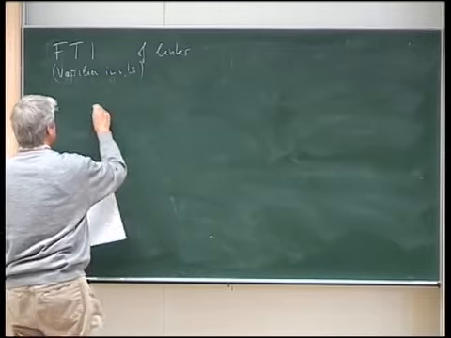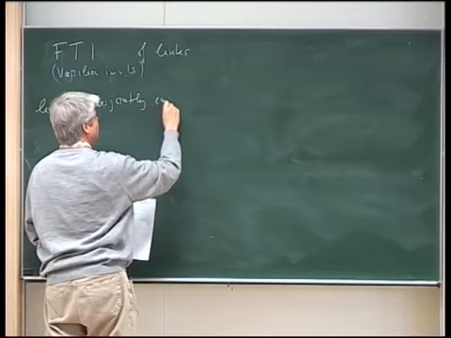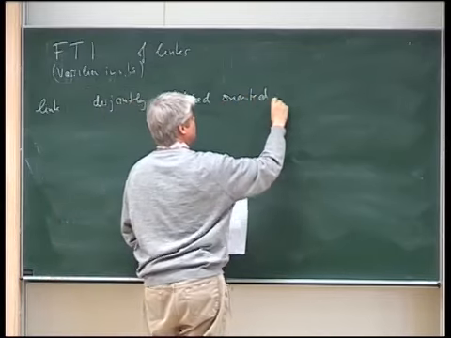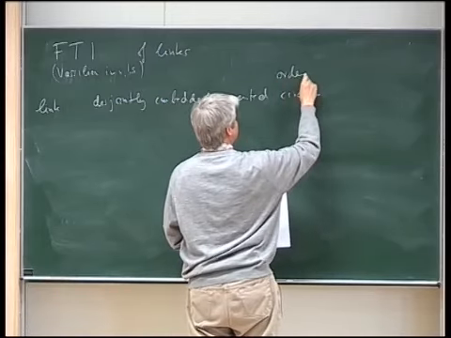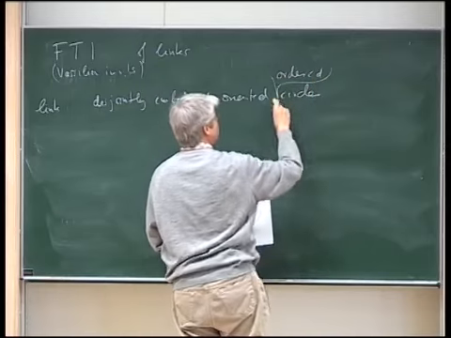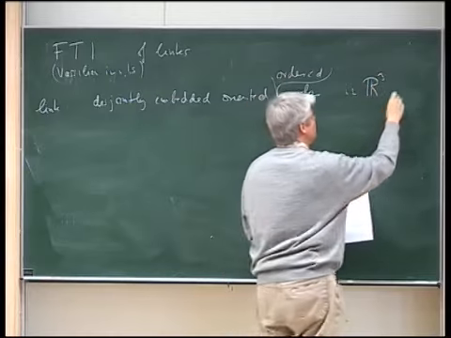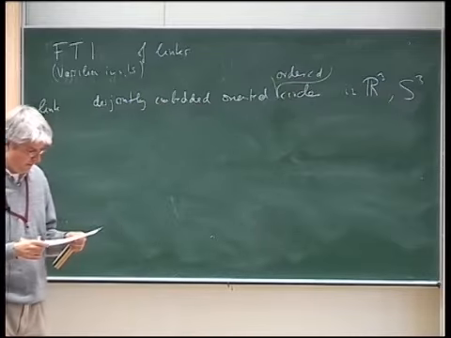So what is a link? So disjointly embedded, oriented circles, and also ordered. I know which one is the first one, which one is the second one, and so on, in R3, or a topologist would say actually S3. It doesn't really make much difference.